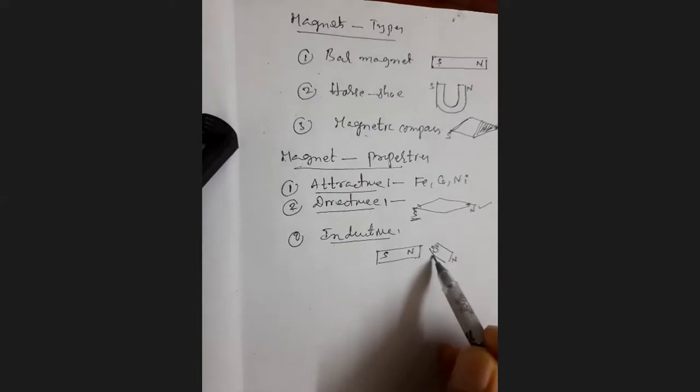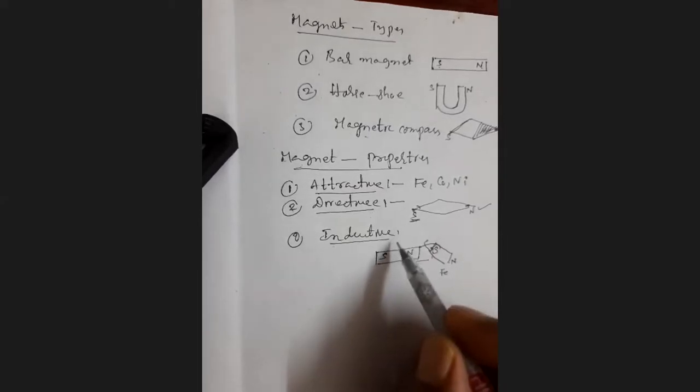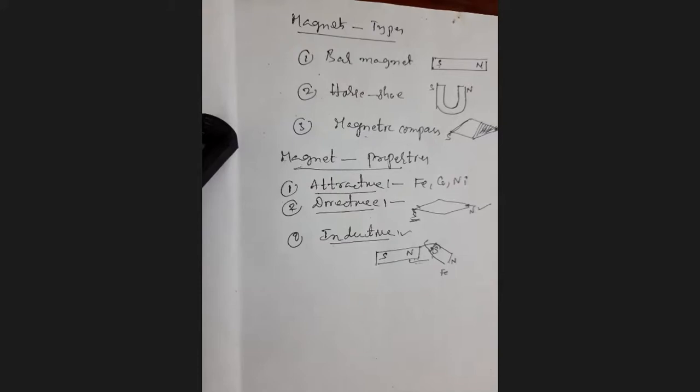Due to the induction of the unlike pole at the nearest end, and since unlike poles attract each other, the material is attracted by the magnet. So this property is called the inductive property. The magnet attracts materials like iron, cobalt, nickel. Why? Because of this inductive property. When the material is brought near to the magnet, due to the induction of the unlike pole at the nearest end, it is attracted by the magnet. This is called the inductive property.